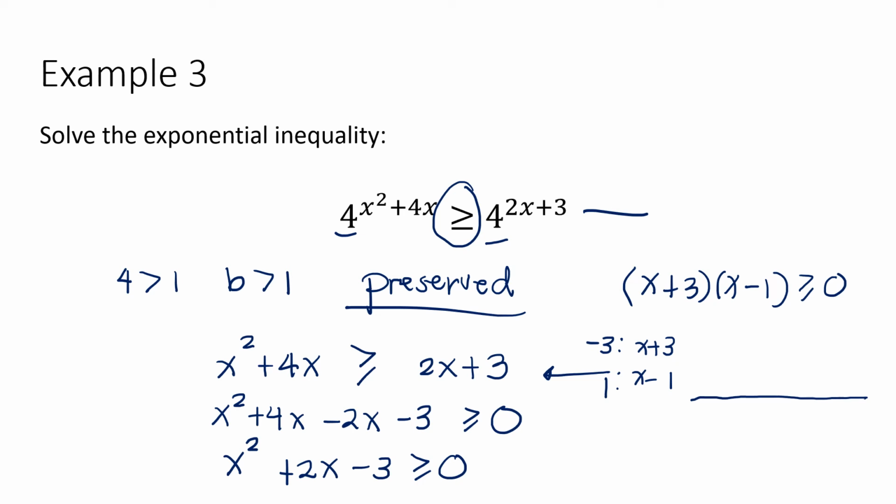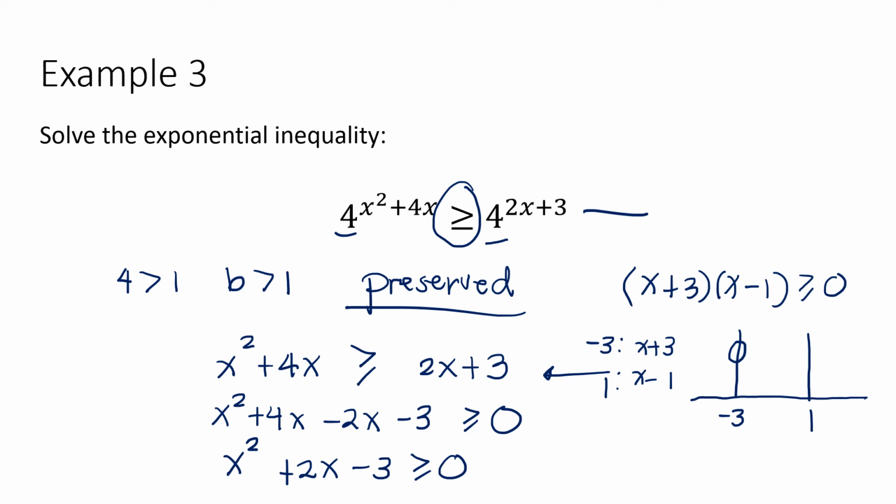So I hope you know how to create your table of signs. From here, you plot the numbers that will make each factor 0 in proper order, negative 3 and then 1.